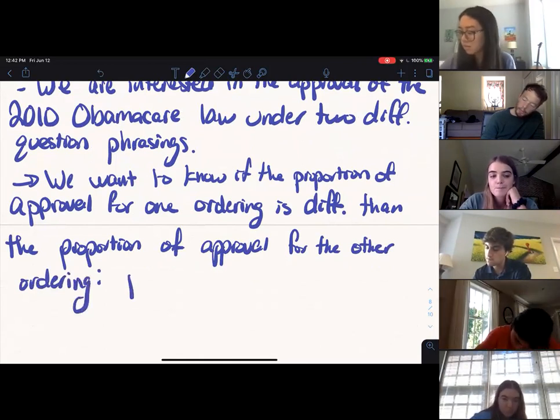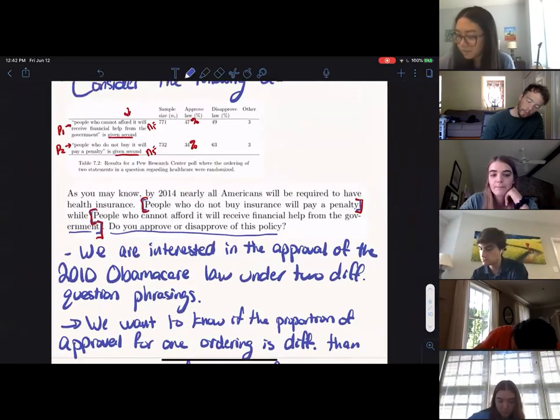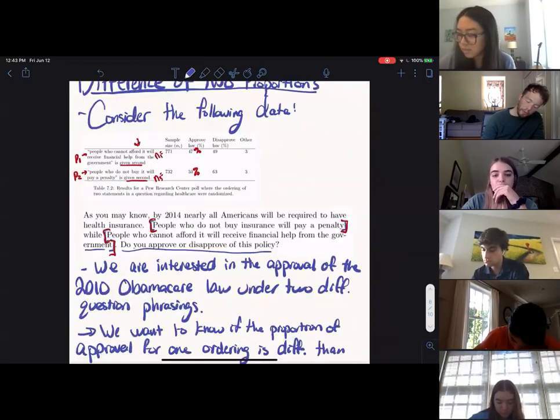That is, we are trying to make inference on this difference: P1, the proportion associated with 1, and P2, the proportion associated with 2.